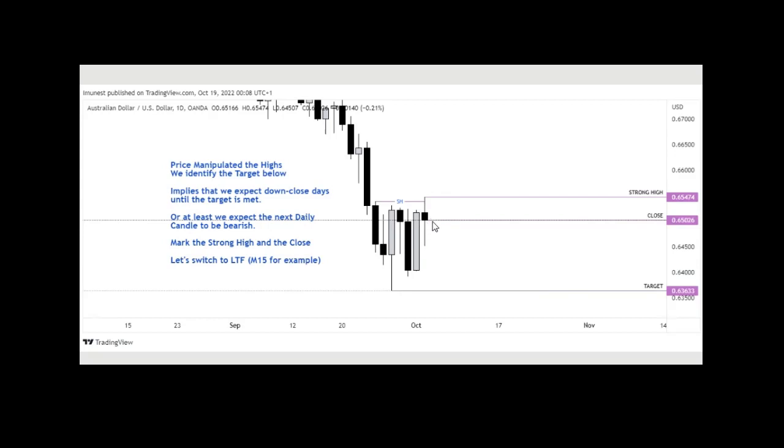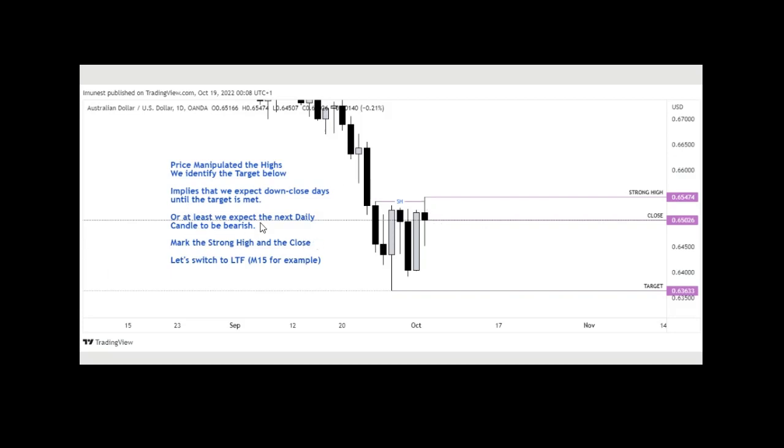As a day trader, you just focus on the next day. Focusing on the next day, we are going to use this candle's high as a strong high. That means we don't expect price to trade above it. This close price is also very important, as the close is most times going to be equivalent to the open price of the next day.